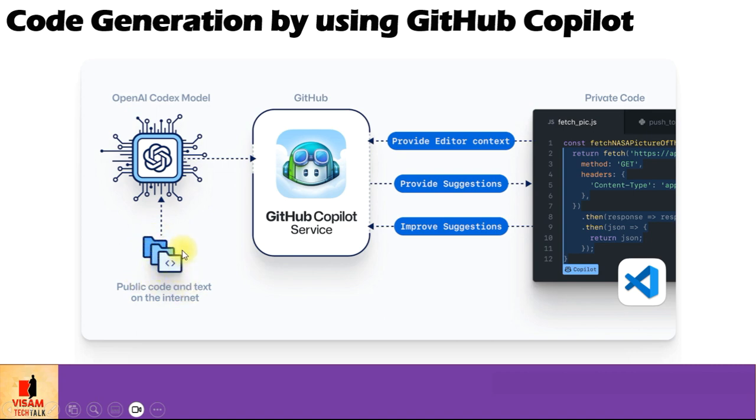Taking the response back from there, it gives the response as code. This is how the services of GitHub Copilot take the context and give the response back from the publicly available repositories with the help of the OpenAI Codex model.